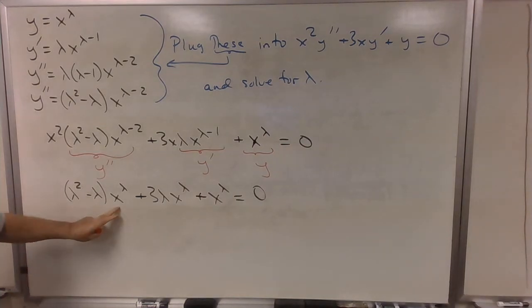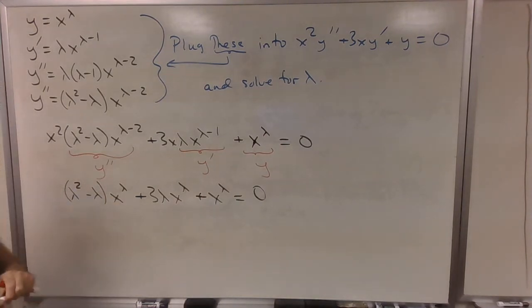Each term has a factor of x to the lambda, so we divide all three terms by x to the lambda.